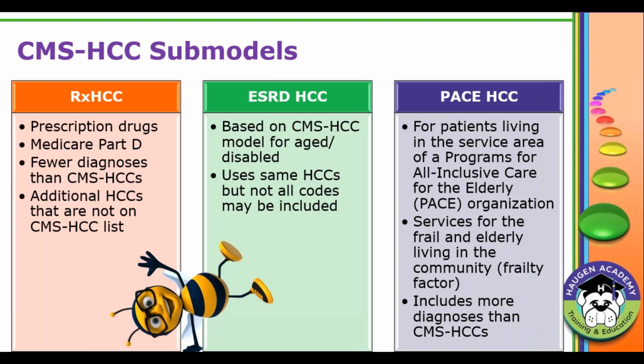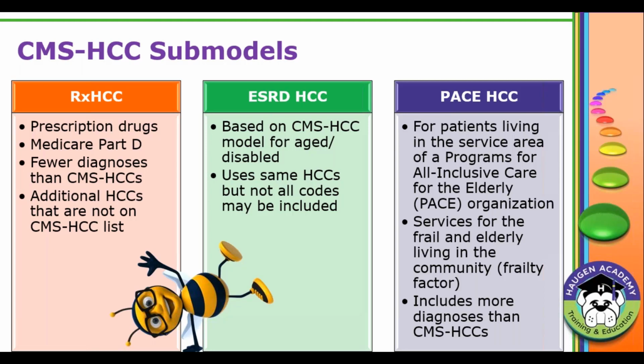So mainly what we're looking at in the ESRD model are going to be the chronic kidney disease, the different stages, end-stage renal disease, whether the patient's had a kidney transplant or whether they currently are on dialysis. And then the PACE HCCs.